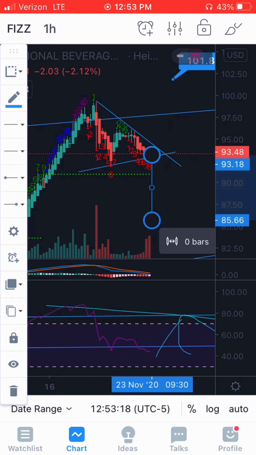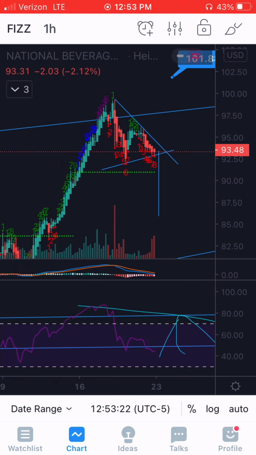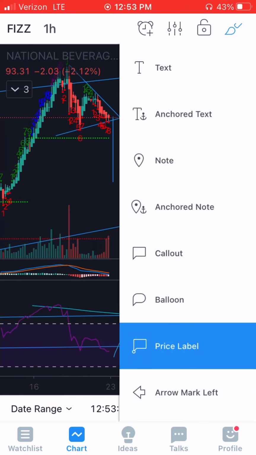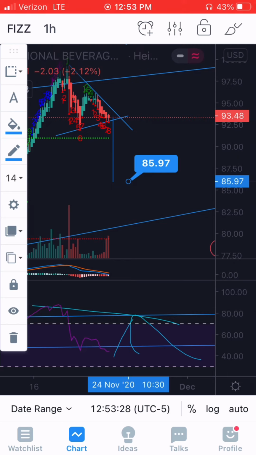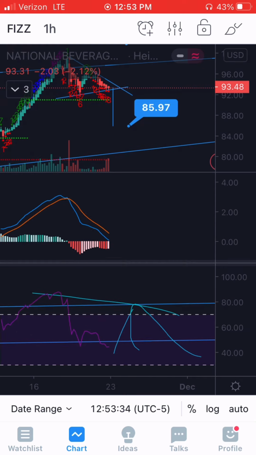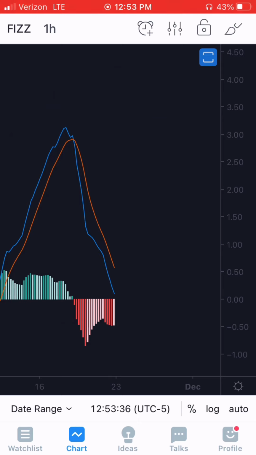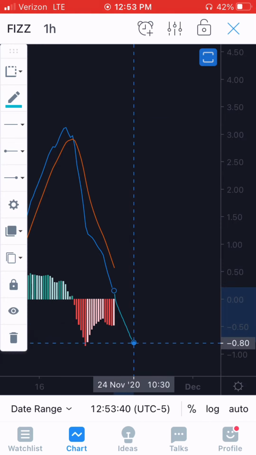That would be another fake break of this channel that we're in. But if we were to break down, for some reason we got a red 9 flash on this hourly, our breakdown would be 85.97, which is getting us a little closer to that channel. So on the MACD here on the hourly, it doesn't look like it's going to cross tomorrow or anything.